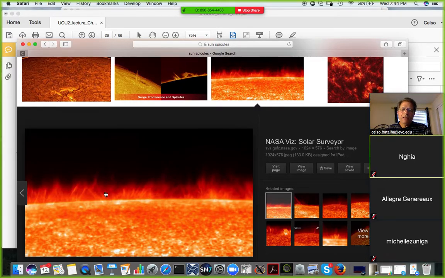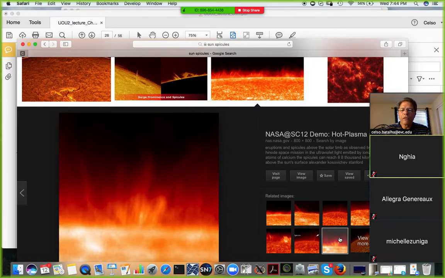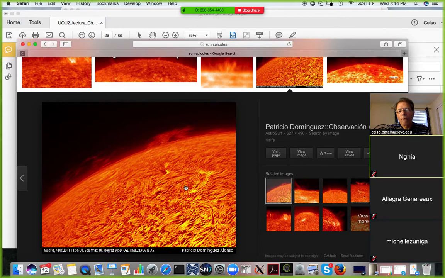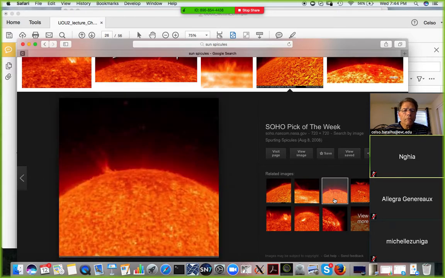Now the jets, the spicules, go into the chromosphere, and now we know they are a byproduct of the solar magnetism. Magnetic field lines are thinning and controlling these jets. You have another view of it, with these prominences and the flaring occurring. You can see the spicules in there, and you can see the granulation quite well in there.